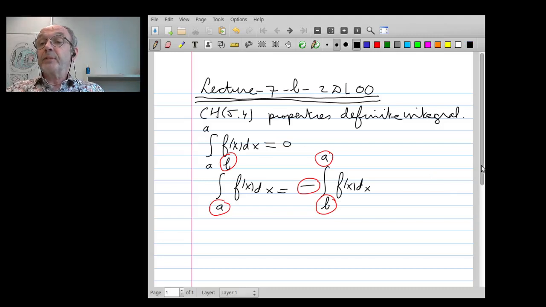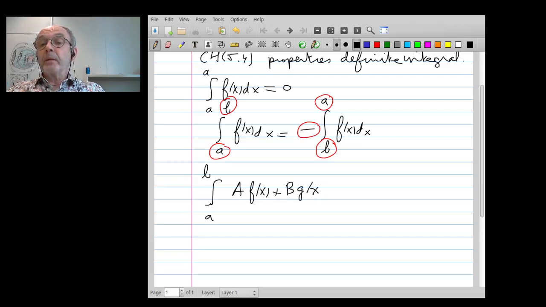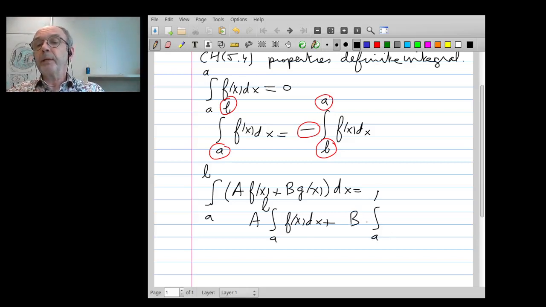Further on, if you have several functions to integrate and you want to calculate the definite integral, you can calculate them separately. And if they are also multiplied by some constant, you can put that constant outside the integral, so you get the integral from a to b of f(x) dx, and you get b times the integral from a to b.